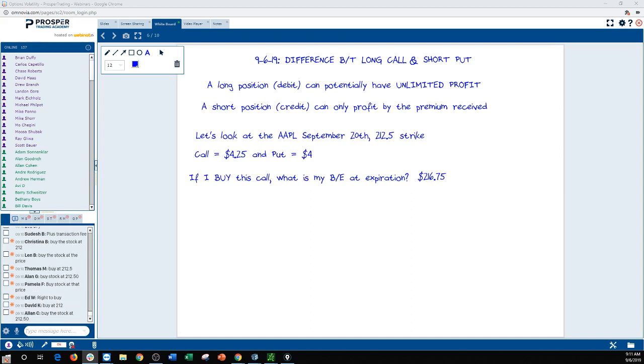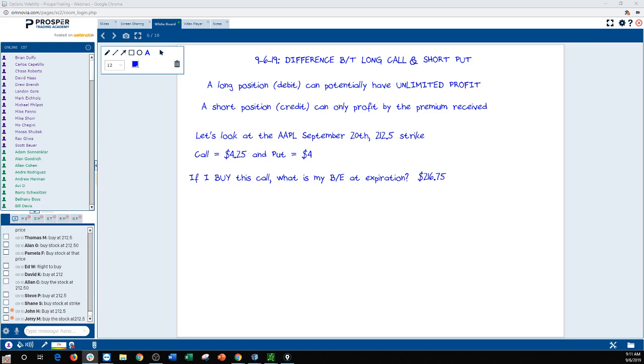Okay, good. Buy stock at the strike price, 212 and a half. Well, if I'm paying $4.25 for the right to buy stock at 212 and a half, then the stock's got to get up to 216.75 to break even. Okay, does that make sense, Pamela?